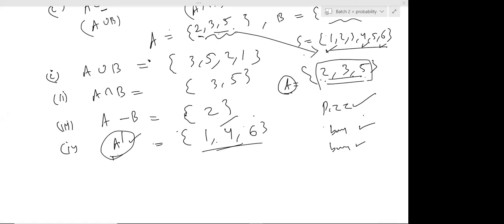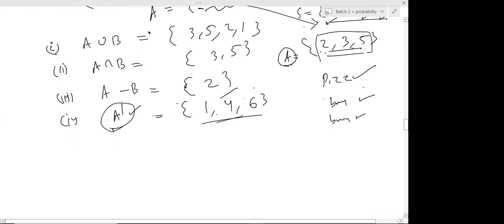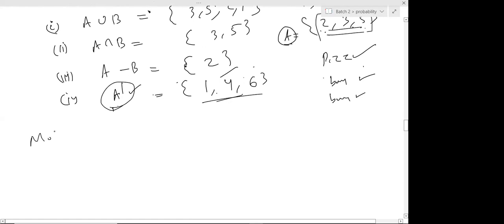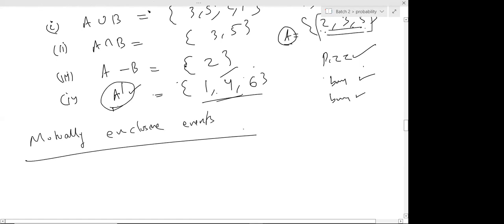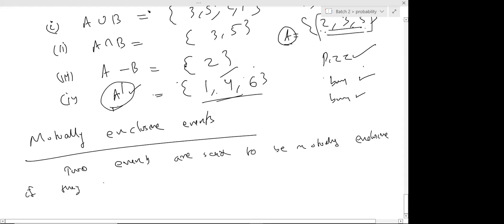Mutually exclusive events. Two events are said to be mutually exclusive if they cannot occur simultaneously.